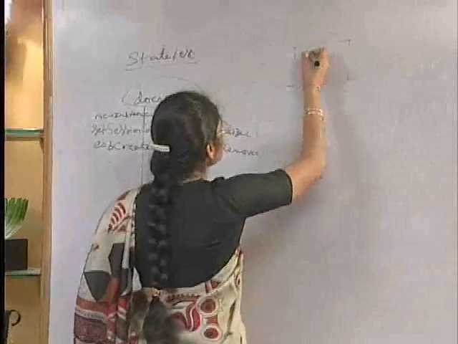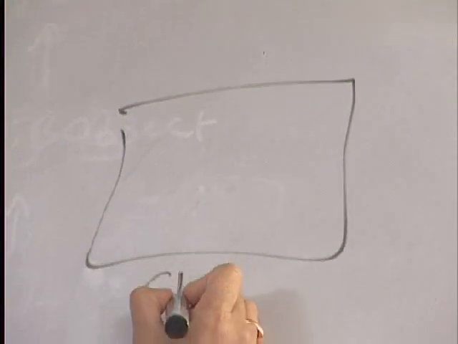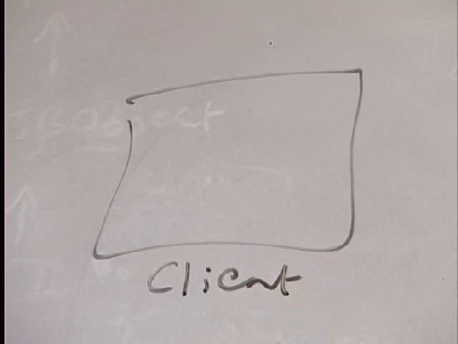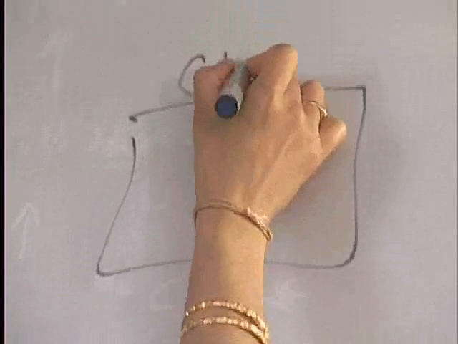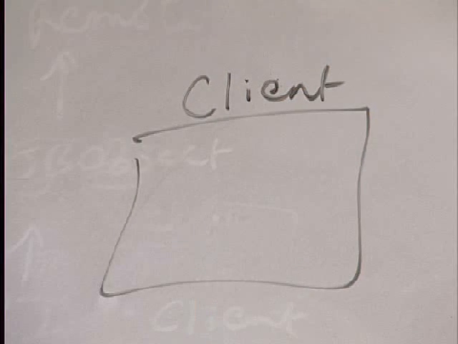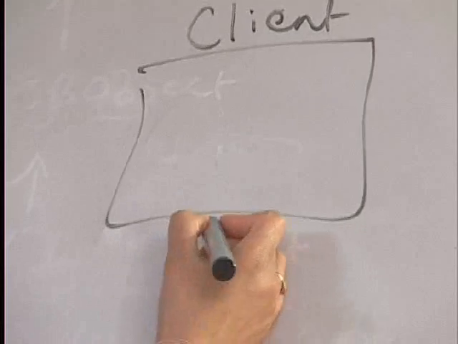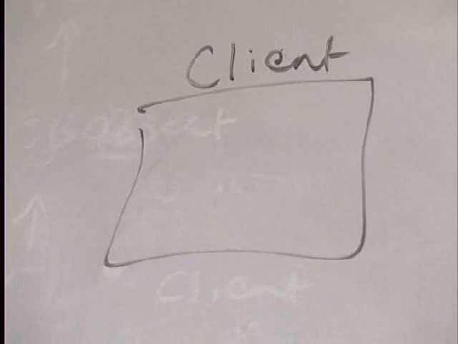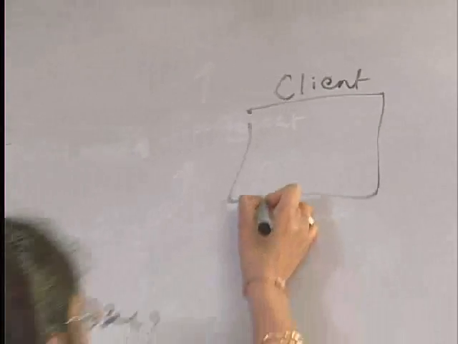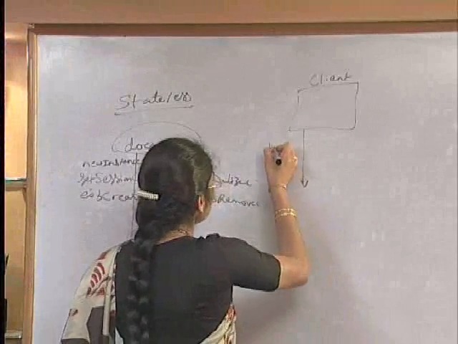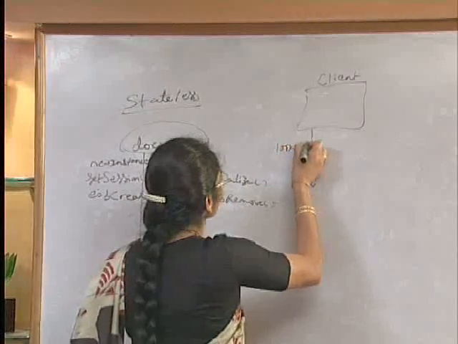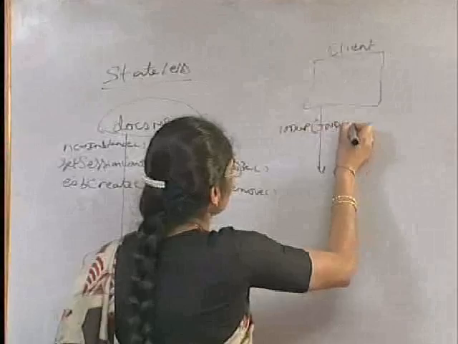You have a client. The client is going to first of all do a lookup for the home interface using the JNDI name. So the client calls a lookup of the JNDI name.